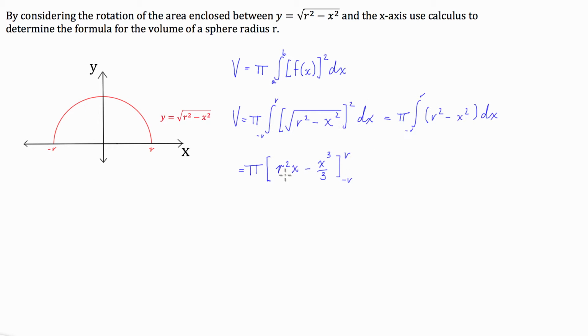Okay, so once we've done that, we literally just sub in our upper and lower bounds. So this is going to be equal to pi multiplied by what it's going to be at the upper bound. So r squared, we sub in r for x, so it's r squared times r, which is r cubed, minus r to the power of 3 over 3.